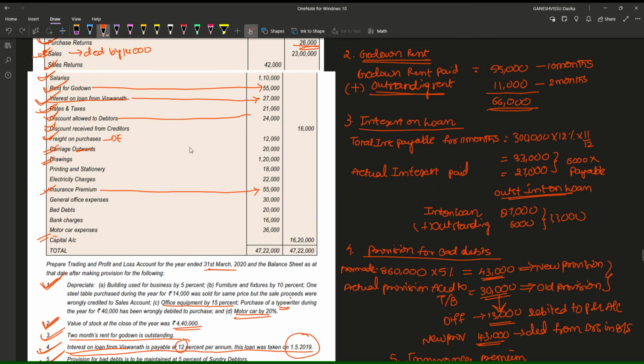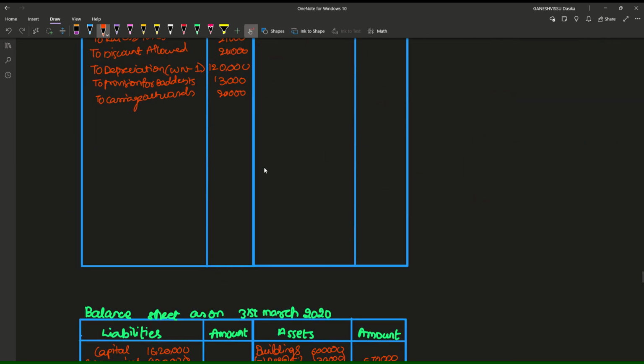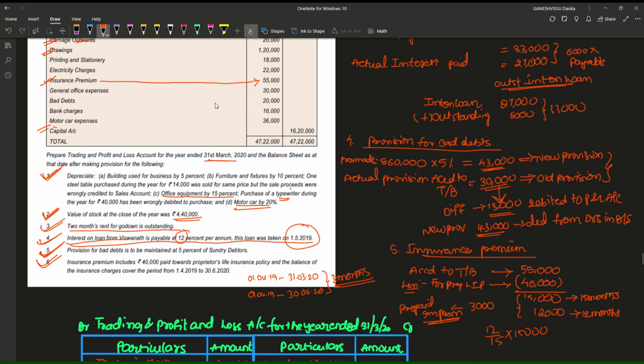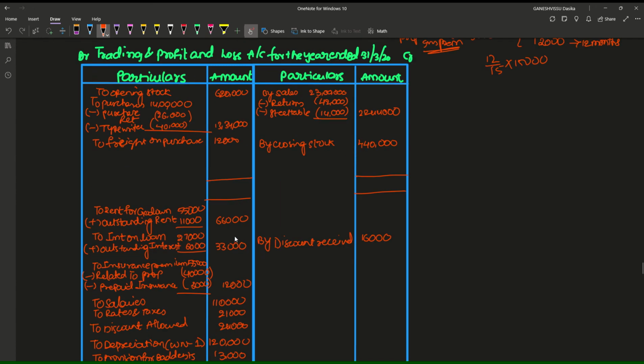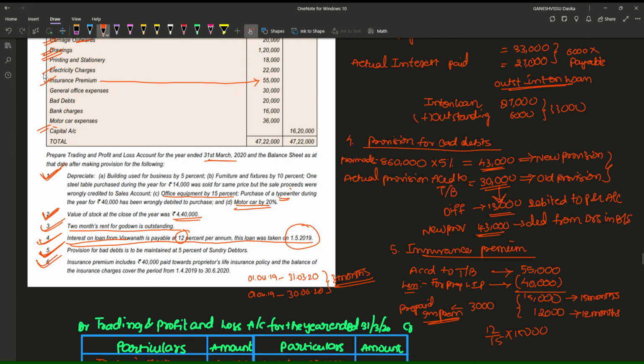Now, drawings are completed. Printing and stationery 18,000, to printing and stationery 18,000 rupees. Electricity charges 22,000, to electricity charges 22,000. We have completed electricity charges.